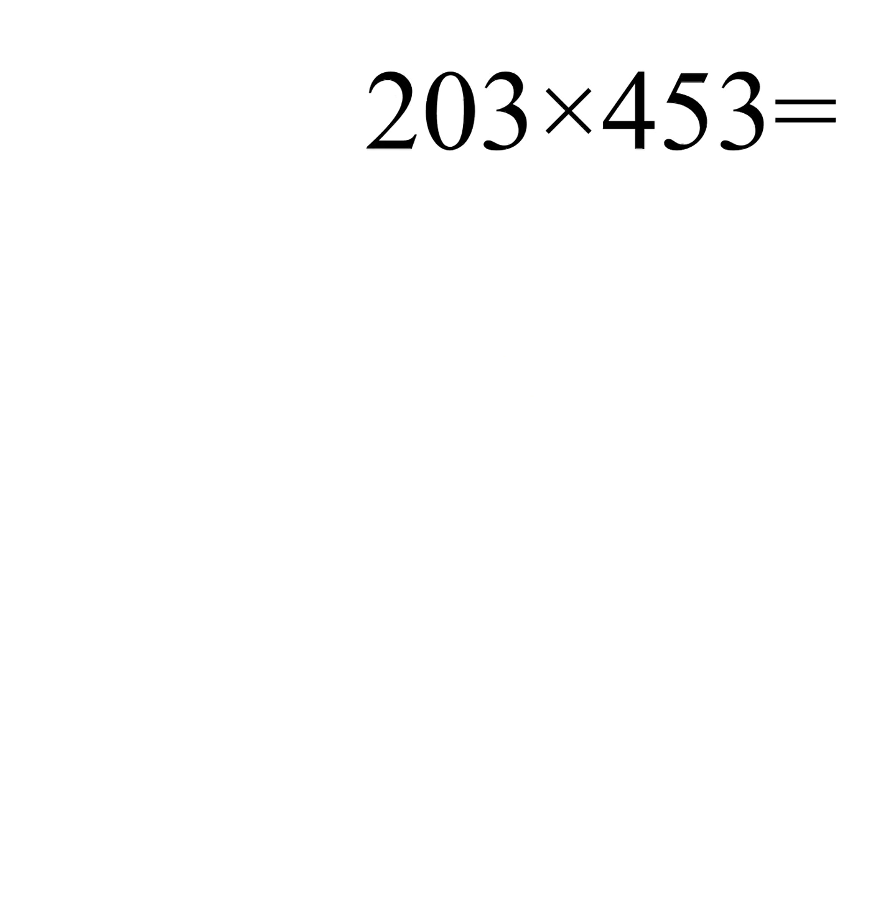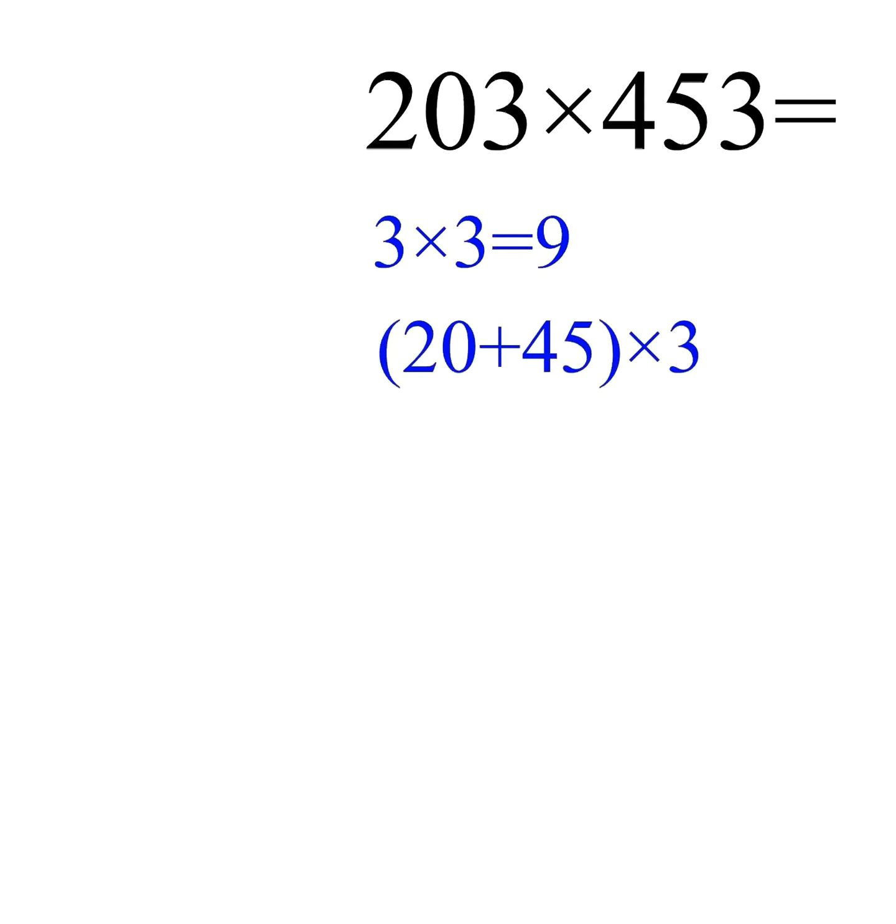Our next method is for when the ones places of our numbers are the same as here. So here's the method. We first multiply 3 by 3, which is 9. Then we add the remaining numbers to each other and multiply the result by 3.